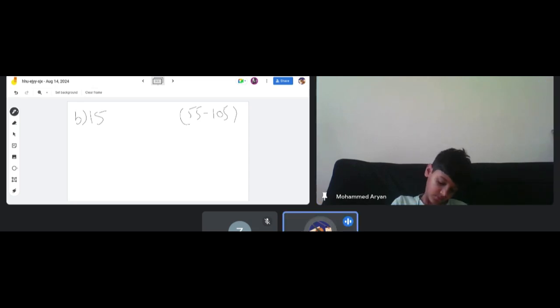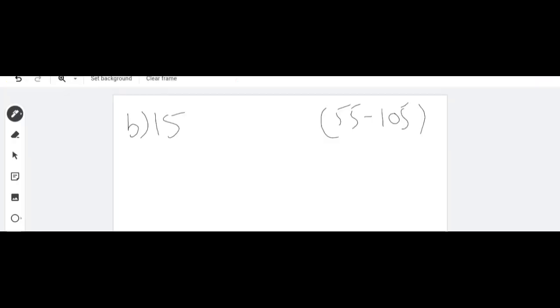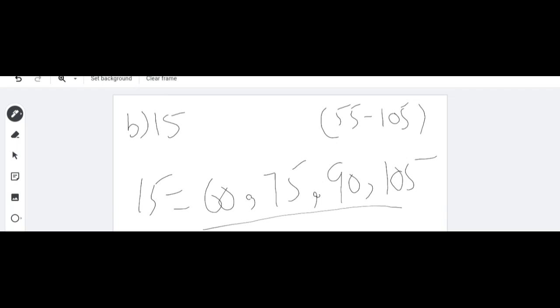And 15 sevens are 105. Did we complete our range sequence? Yes, very good. So 60, 75, 90 and 105. Very good. So we have done with the B part.